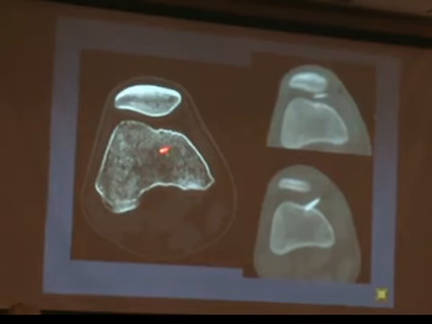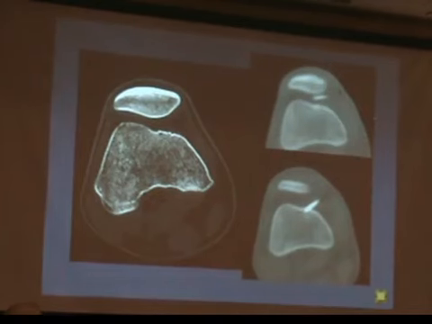And I decided to go after this and biopsy this, and almost half of my biopsies come back as negative, especially for small lesions when the nidus is very difficult to see.